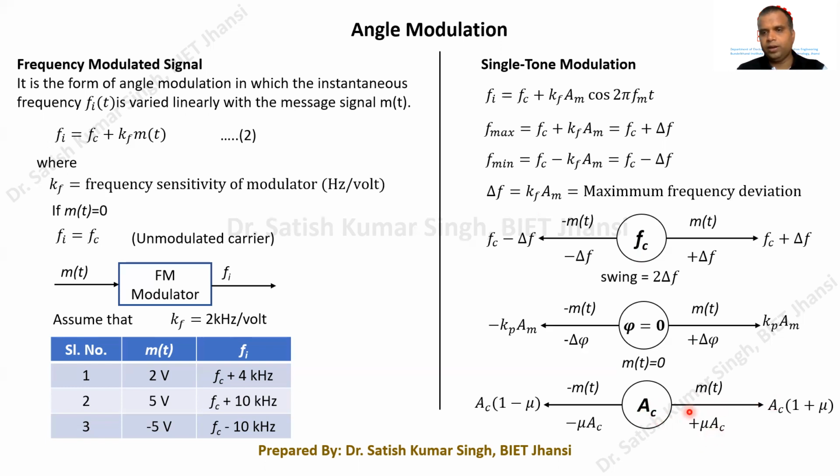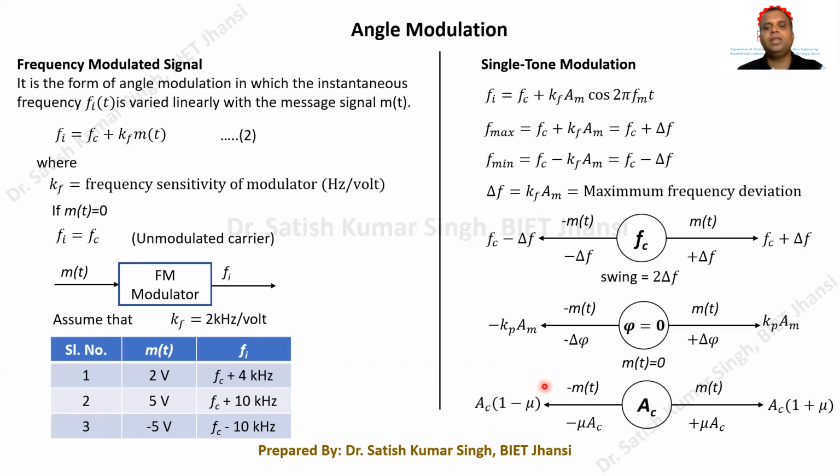Therefore, we got the maximum amplitude of the AM signal as Ac(1 plus mu), and similarly the minimum amplitude of the carrier signal was Ac(1 minus mu), if you remember. We have already seen this one.